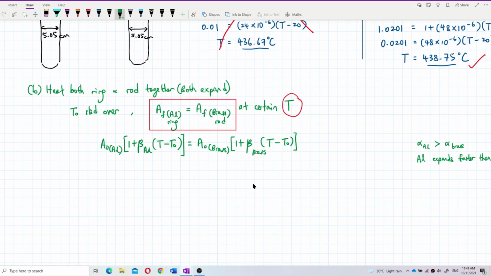The area of a circle is pi d squared over 4. I just put the whole bracket here for aluminum, I'm lazy to write so many symbols. Then 1 plus beta, and beta is 2 alpha because you are given the alpha value.